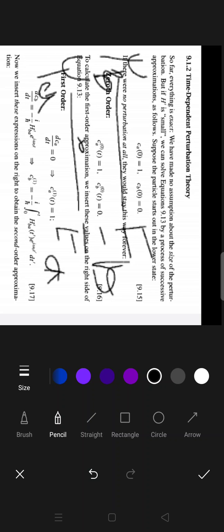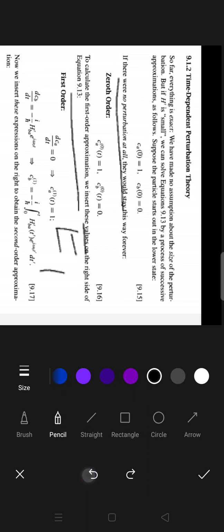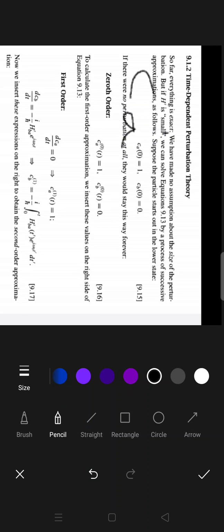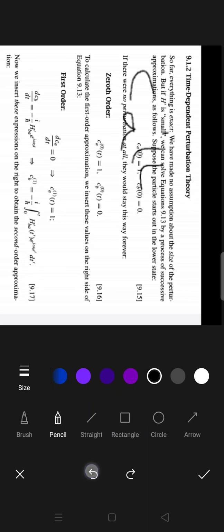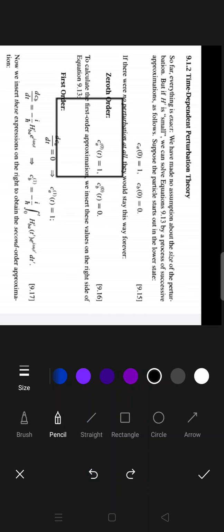When time progresses, after time t, we have assumed that Ca of t is equal to 0, Cb of t is equal to 1. So yesterday we found the coefficients Ca and Cb.